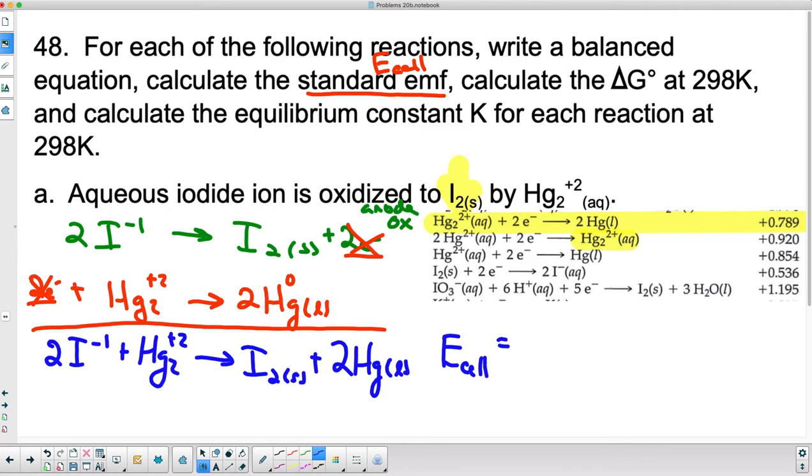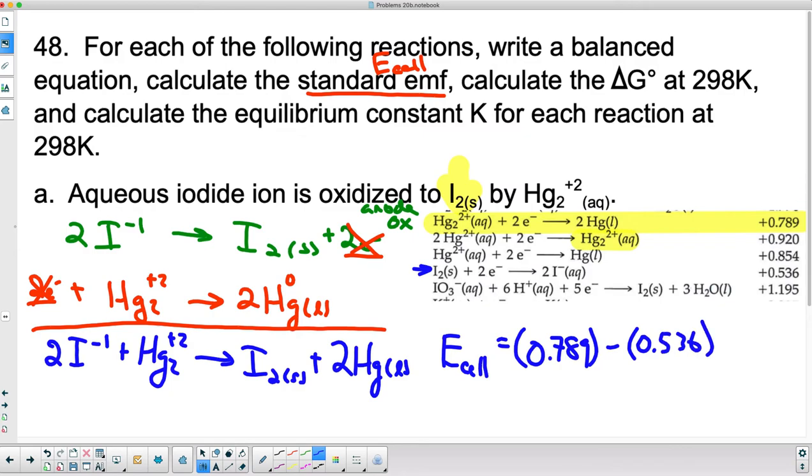Which means E cell equals, and then the reduction is the one that happens at the cathode, which comes first, which is 0.798. I'm going to subtract from that the iodine that I have right here, which is a positive 0.536, like that.